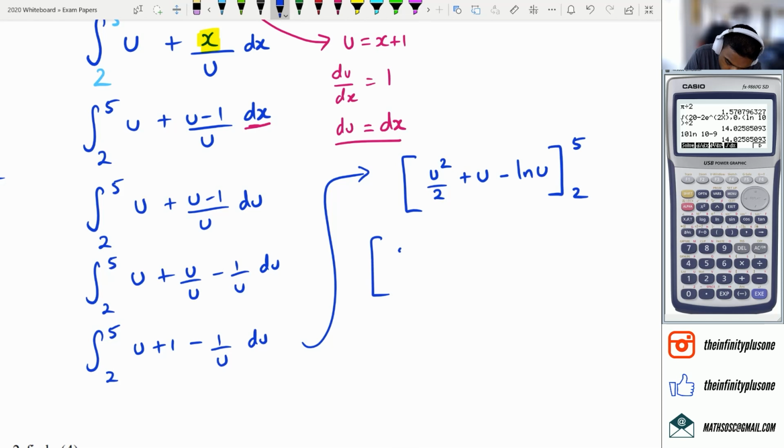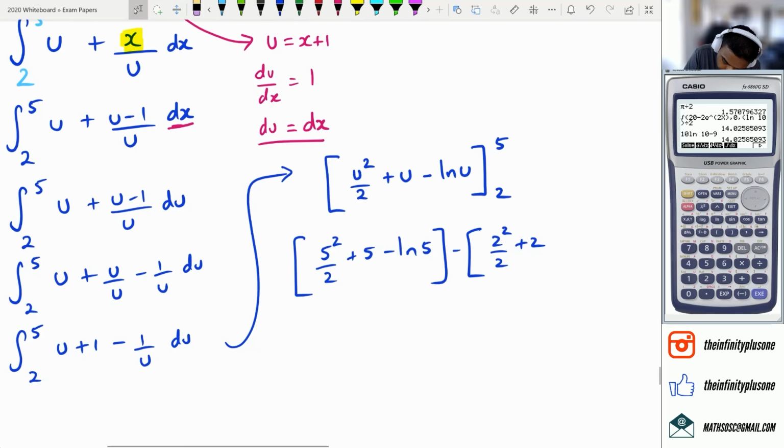Substituting in, I've got 5 squared over 2 plus 5 minus ln of 5, subtracted with 2 squared over 2 plus 2 minus ln of 2. Which means I get 25 over 2, which is 12.5, plus 5, which is 17.5, minus ln of 5, minus 2 squared over 2, which is 4 over 2, plus 2, which is 4, minus ln of 2.